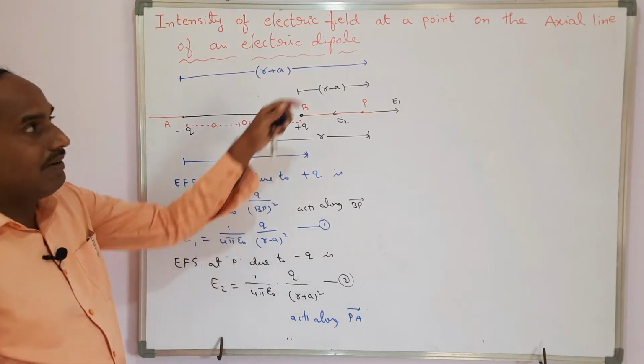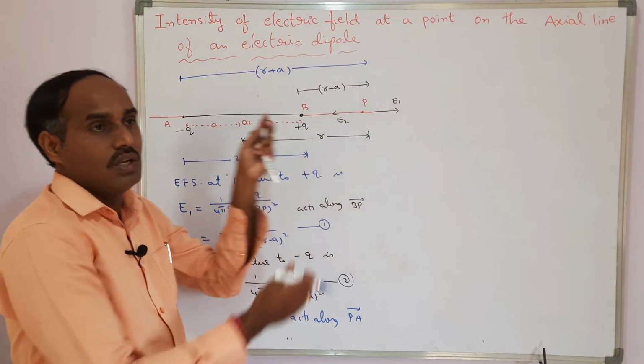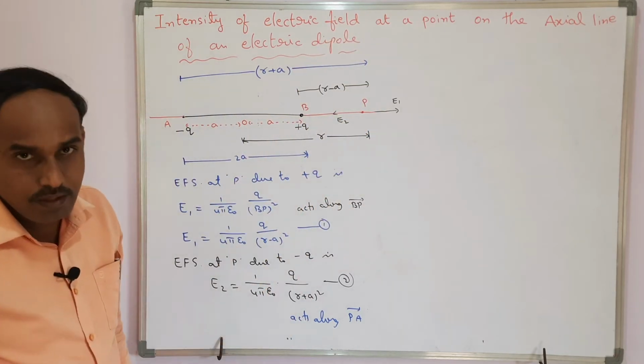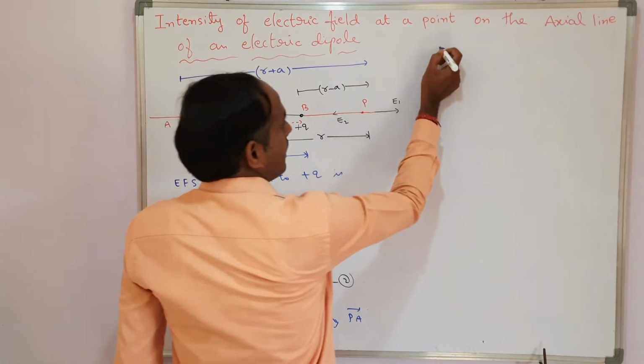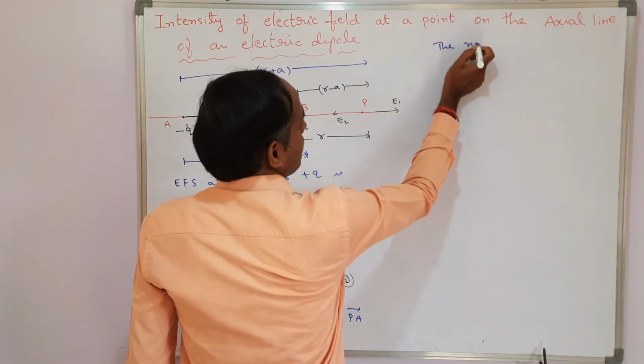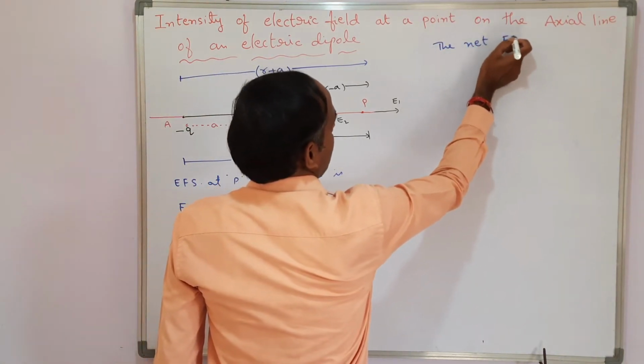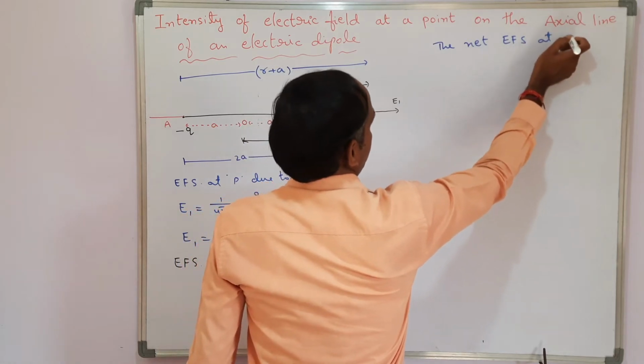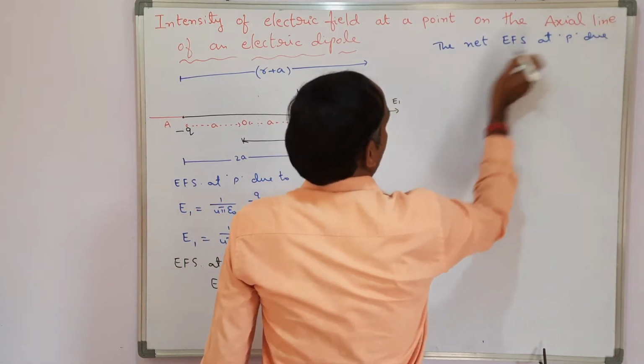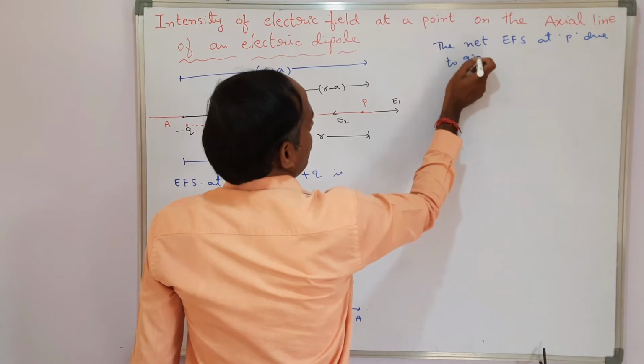But these are the expressions for electric field strength due to the individual charges of this electric dipole. Our intention is to find the electric field strength due to this arrangement of the dipole, meaning the net electric field strength at a point P due to a given dipole.